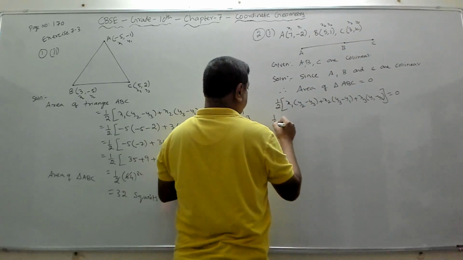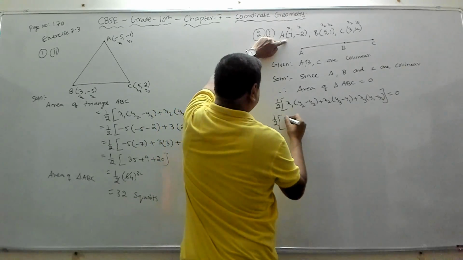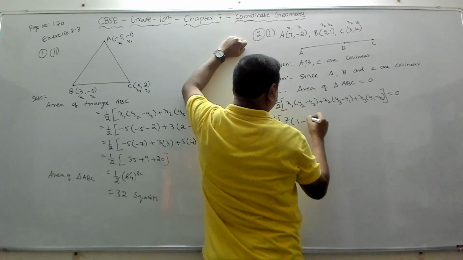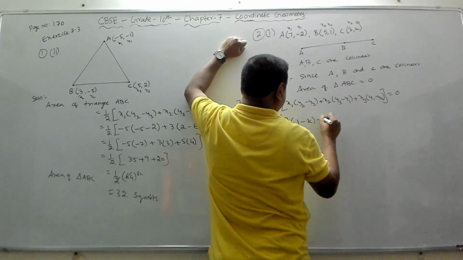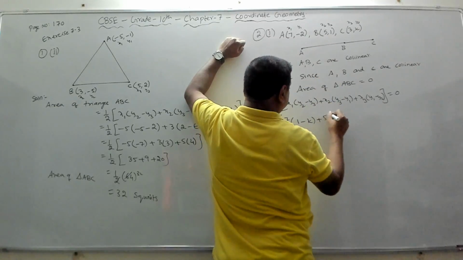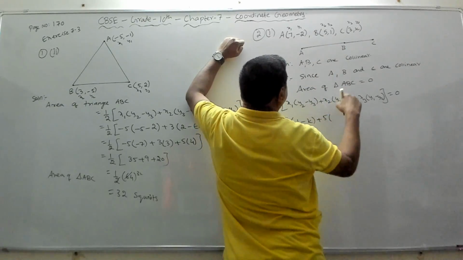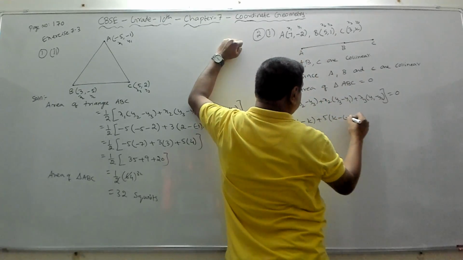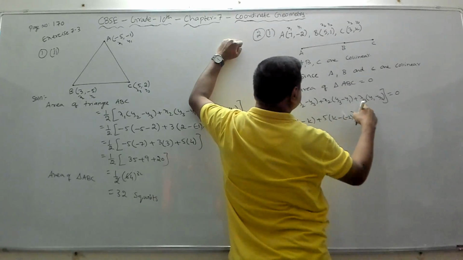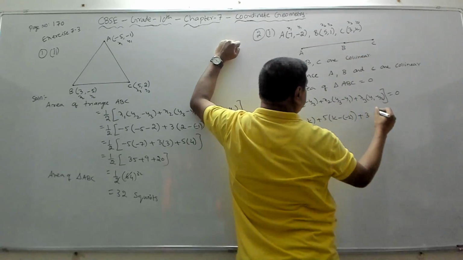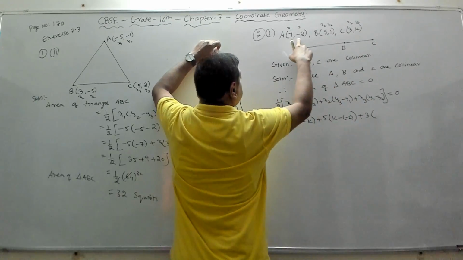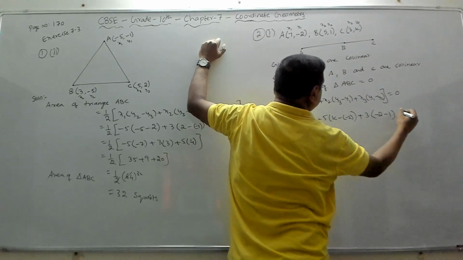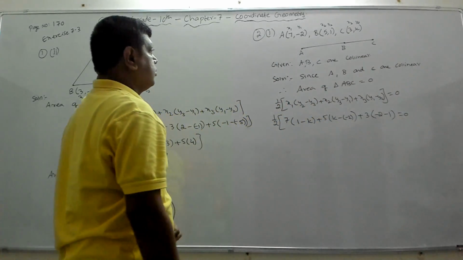So now we get half of x1, x1 is 7, into y2 minus y3, y2 is 1, y3 is K, so 1 minus K, plus x2, x2 is 5, into y3 minus y1, y3 is K minus y1, y1 is minus 2, so minus of minus 2, plus x3, x3 is 3, into y1 minus y2, y1 is minus 2 minus y2 is 1, so minus 3, equal to 0. Fine.